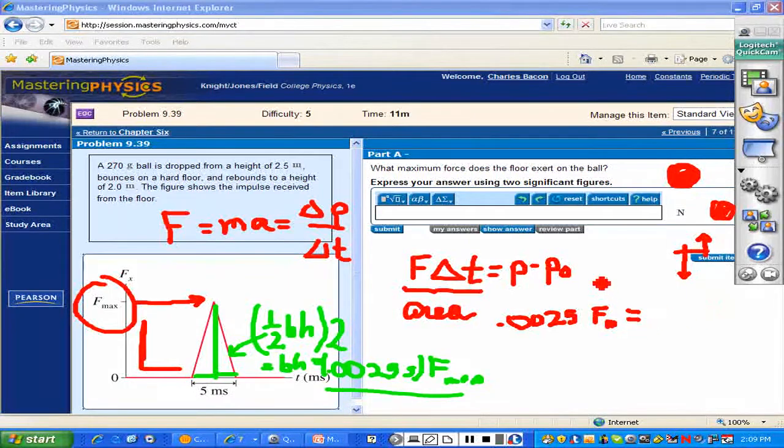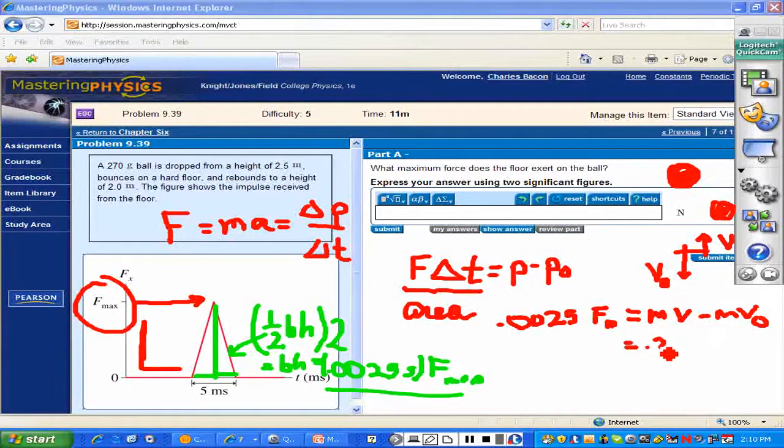Those are the two velocities that are going to go into mv minus mv0. v0 is how fast the object strikes the floor, and v is how fast the object leaves the floor. Okay. Notice that v0 is a negative vector, so this is going to be minus a minus, so that's actually going to be a plus.